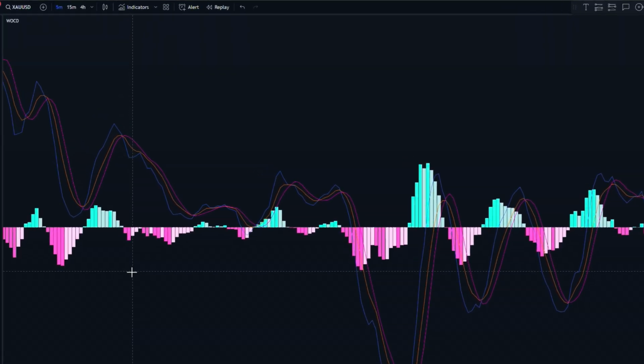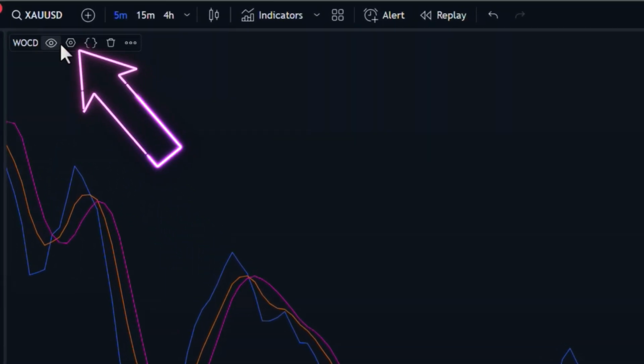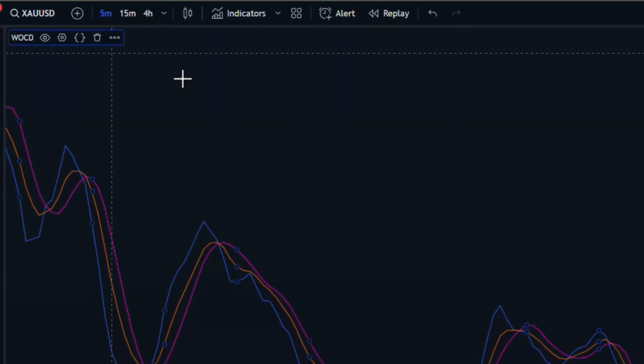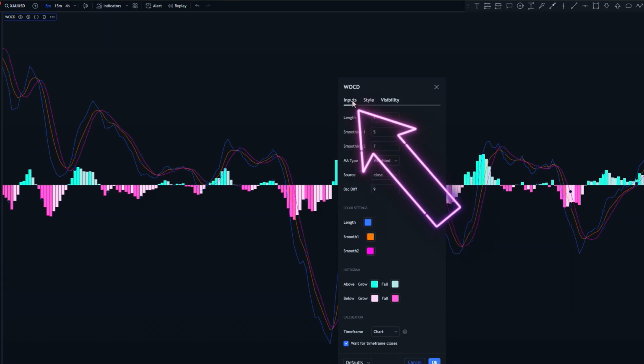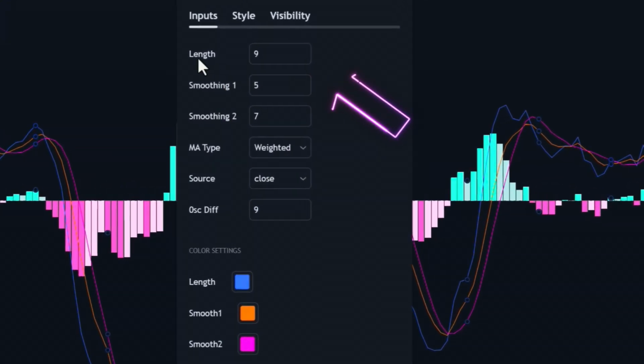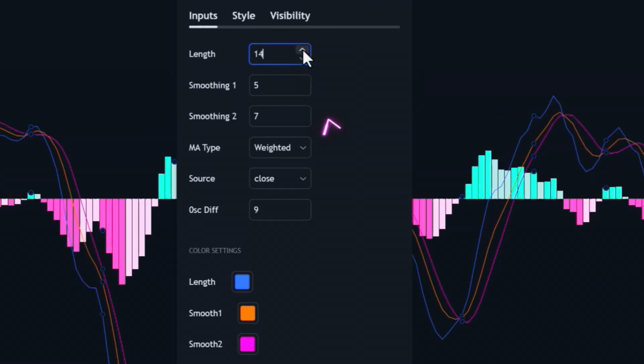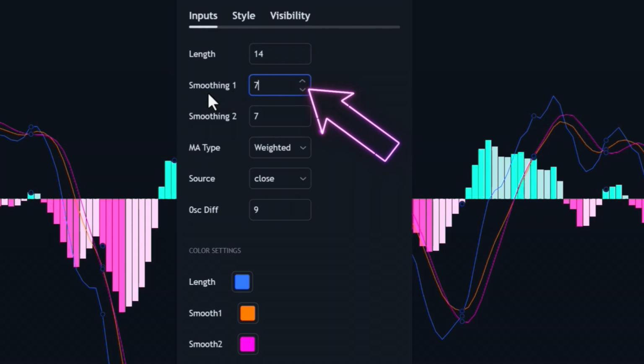To do this, go to the indicator settings window and click on the Inputs tab. Change the length to 14. Then adjust the smoothing 1 to 7. And then smoothing 2 to 9.